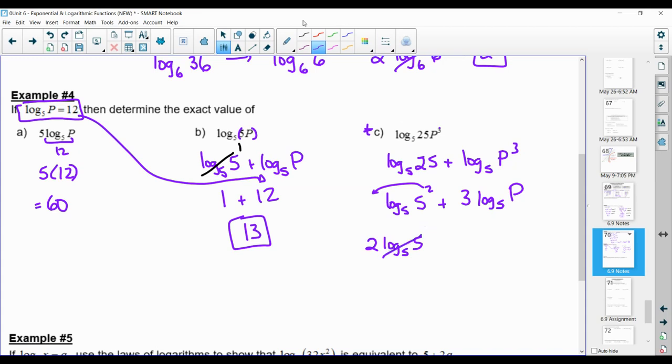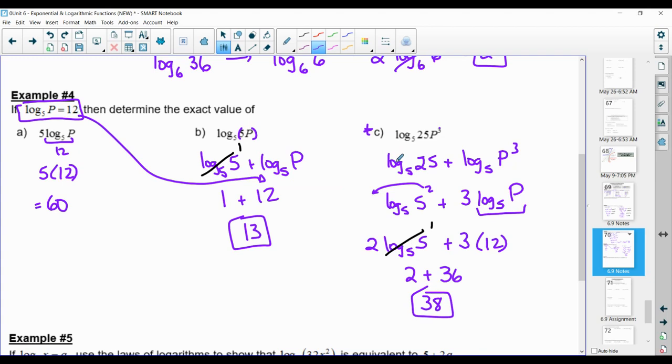So writing that there, I've got log base 5 of 5. We know that's going to become 1. And we have 3 times that log base 5 of p, which we know is 12. So we now have 2 plus 36, which is 38.